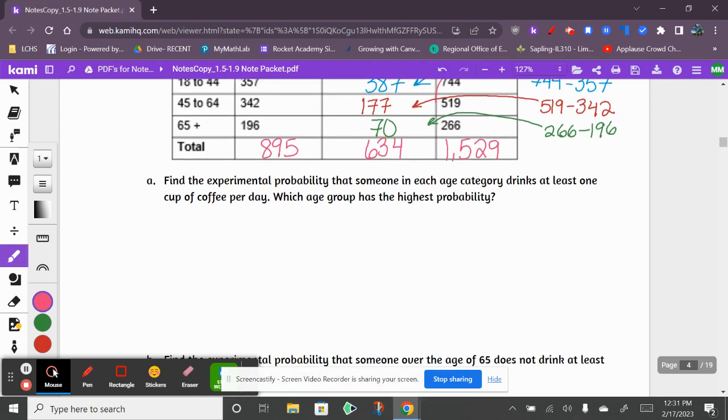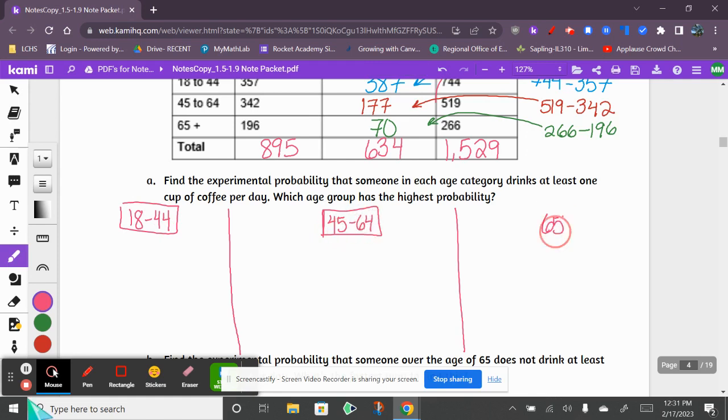So you are going to do it for each of the 3 age groups. So you're going to do it for age groups 18 to 44. You're going to do it for the age group 45 to 64. And you're going to do it for the 65 and up age group as well.